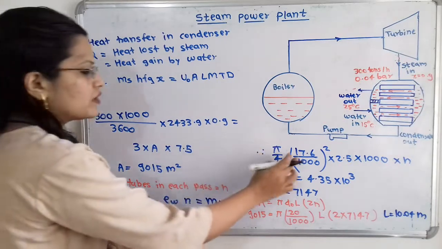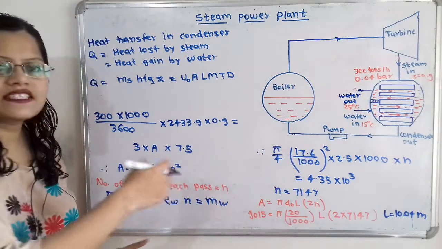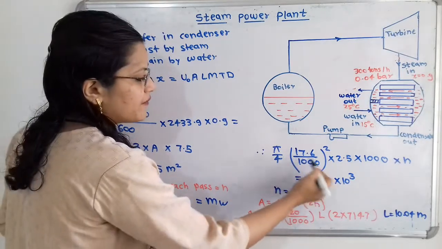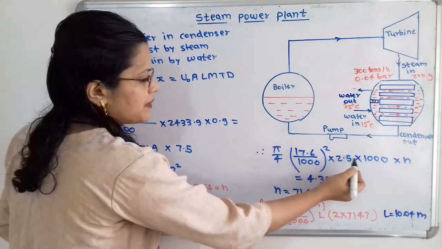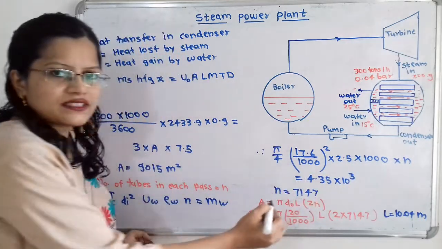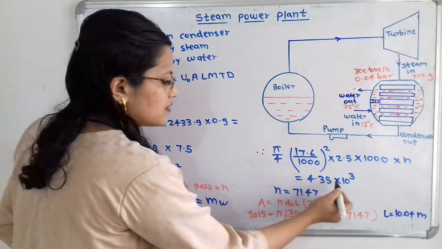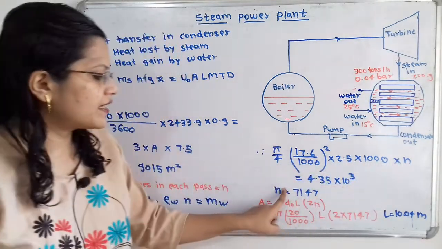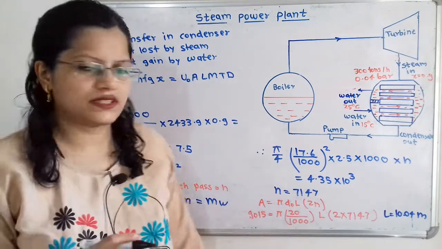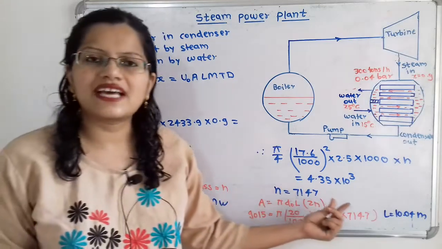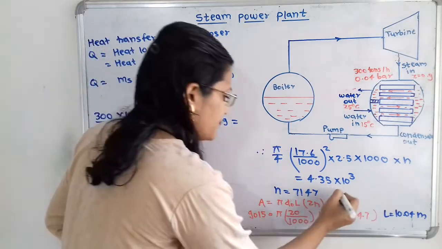So pi by 4 into d_i, which is given in millimeters, but the standard unit is meters, so we divide by 1000, in brackets squared, multiplied by 2.5 into 1000 into N, which is equal to the mass rate of flow of water, 4.35 into 10 raised to 3. So there is only one unknown, N, and N is equal to 7147. This is the number of tubes in each pass, and this is the answer for the first question.